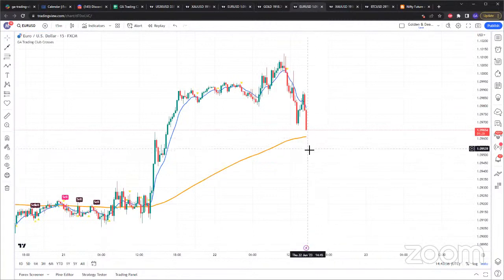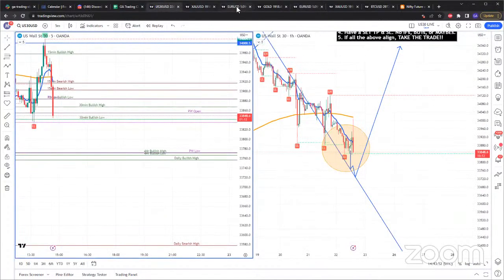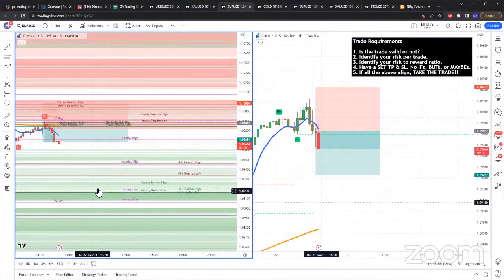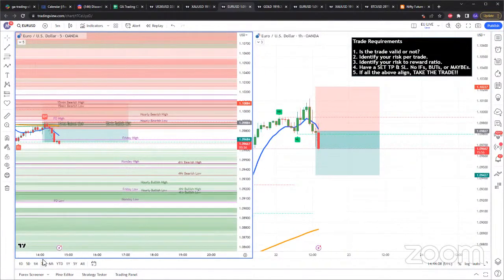This sell would be a nice way to sell, because the sell would come around 1.09475, and we know that EU might reverse around the 1.091 area. That would give us like 300 pips. So for me, that would be a good 200 pip sell on EU.